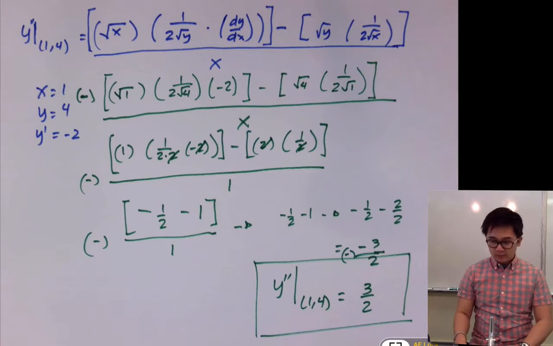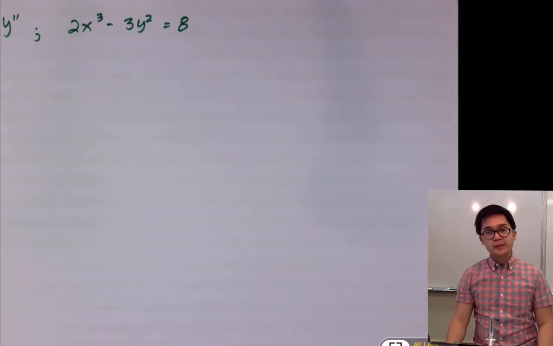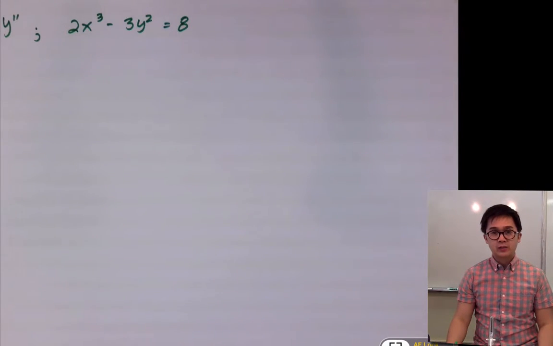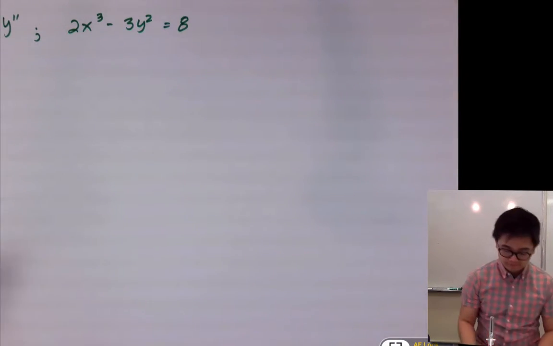Now for our last example, our third example, let's take the second derivative of the function 2x cubed minus 3y squared equal to 8.